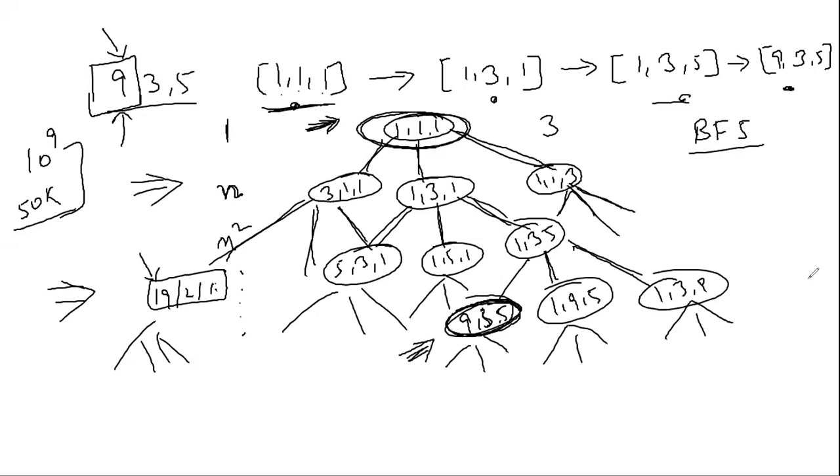We start from the target, and we also start from the beginning at the same time and try to meet in the middle. But yes, probably just the target search is fine, right?